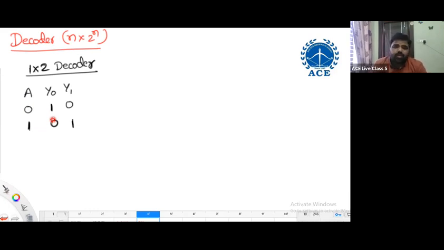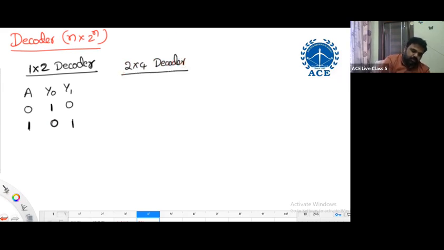You may not be understanding correctly what is happening in this, so let us try 2 to 2 power 2, that means a 2 to 4 decoder. There we can understand clearly. A 2 to 4 decoder means we have two inputs A, B, and four outputs Y0, Y1, Y2, Y3.